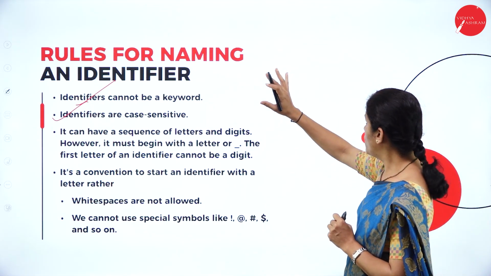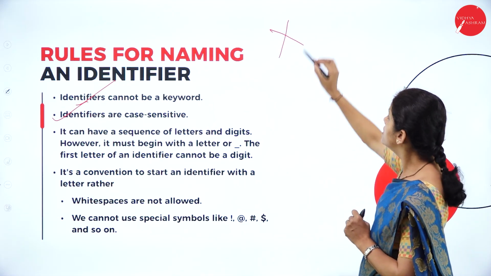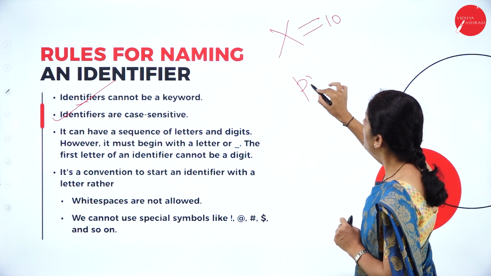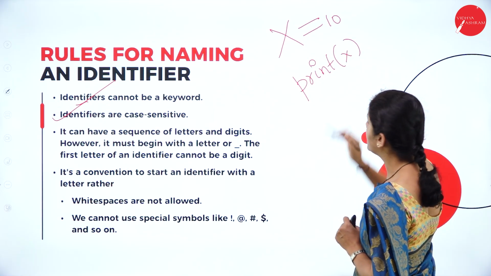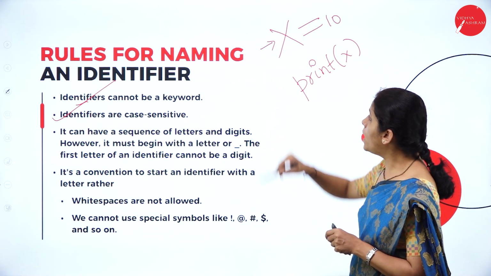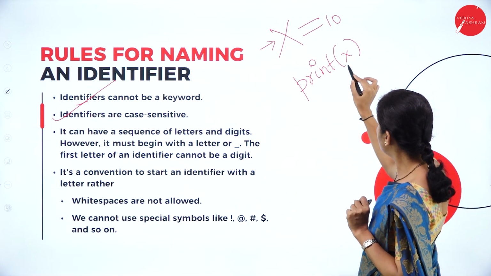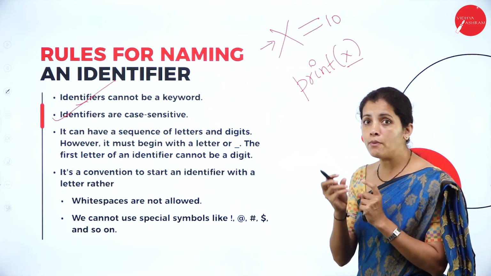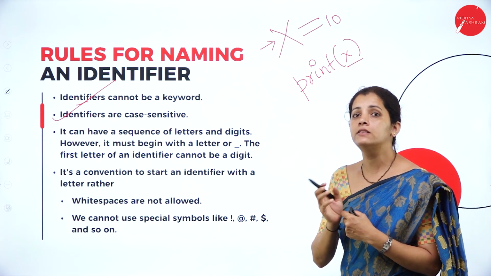In my program, if I use capital letter X equal to 10 and while printing I use small letter x, I am going to get an error, because while defining the variable I used a capital letter and while printing I am using a small letter. The ASCII value of capital X and small x is different.